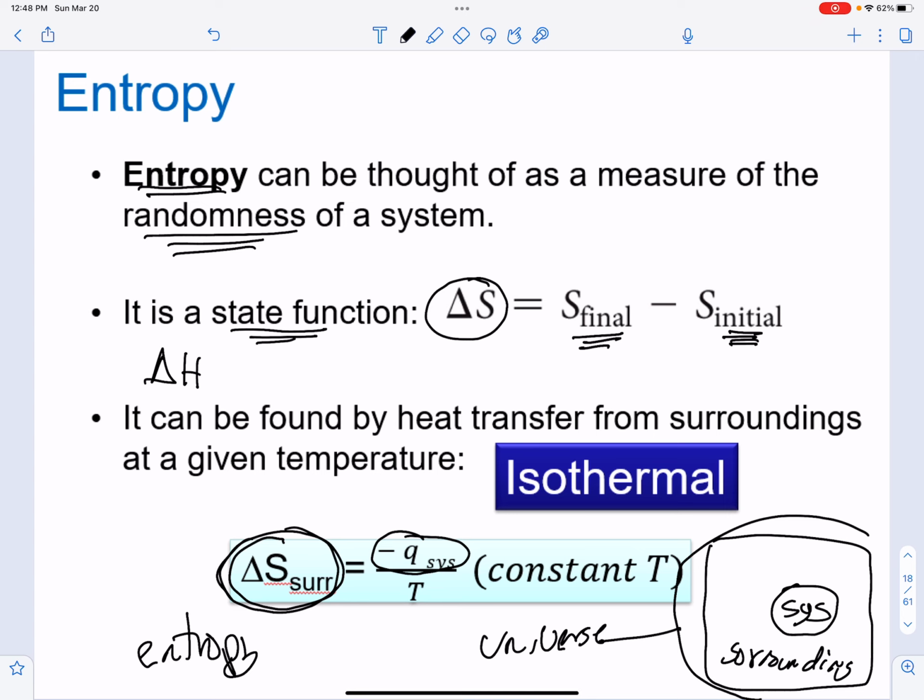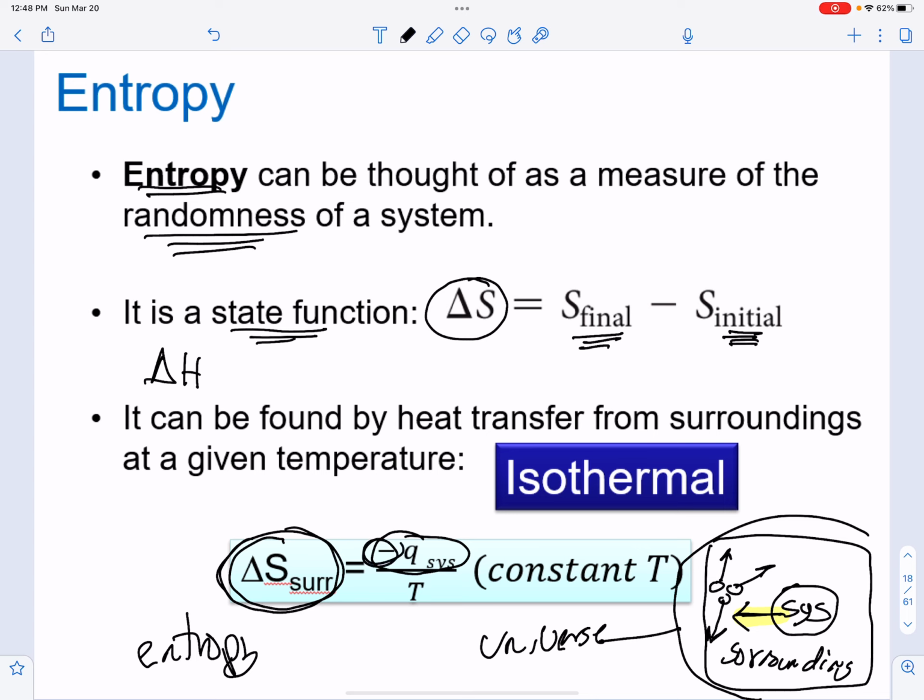So if the system is releasing heat, the particles in the surrounding are going to start moving faster now, and that's going to increase the disorder. They're going to be free to go everywhere else. They're going to be moving faster because the system is releasing heat.